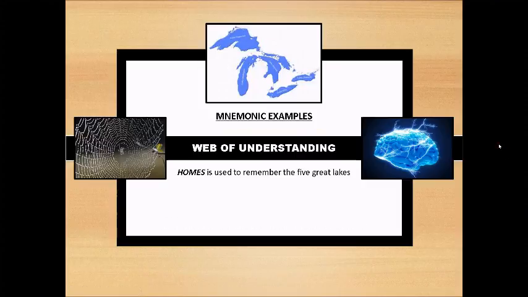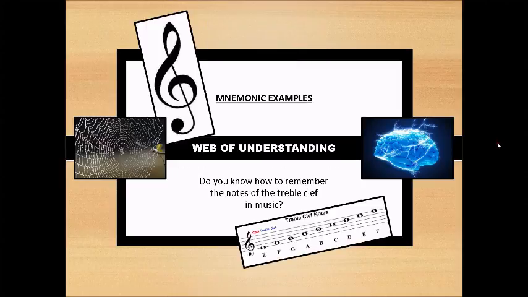An example of a mnemonic device is using the word homes to remember the names of the 5 Great Lakes: Huron, Ontario, Michigan, Erie, and Superior. A mnemonic device that I learned in elementary music classes is there's actually 2 of them to remember the notes on the treble clef.